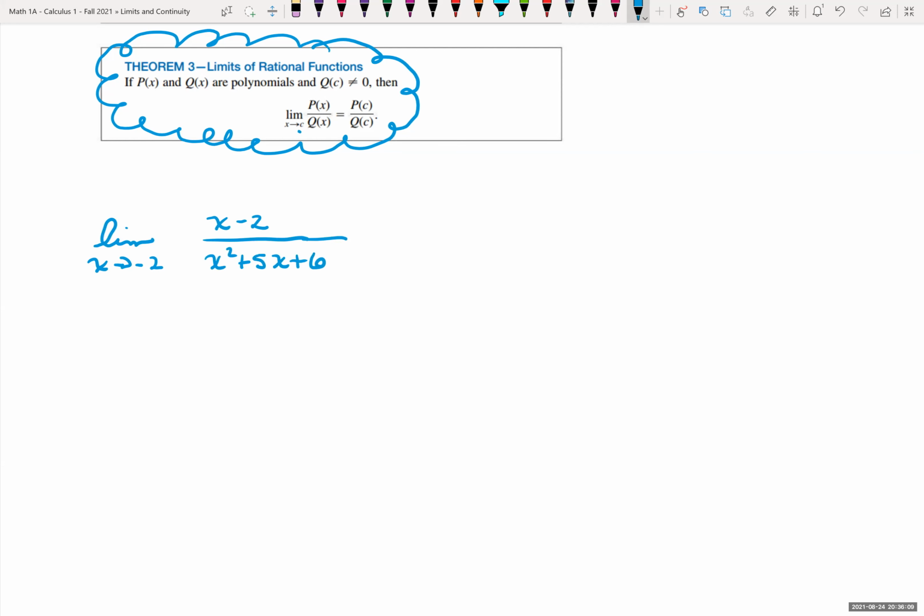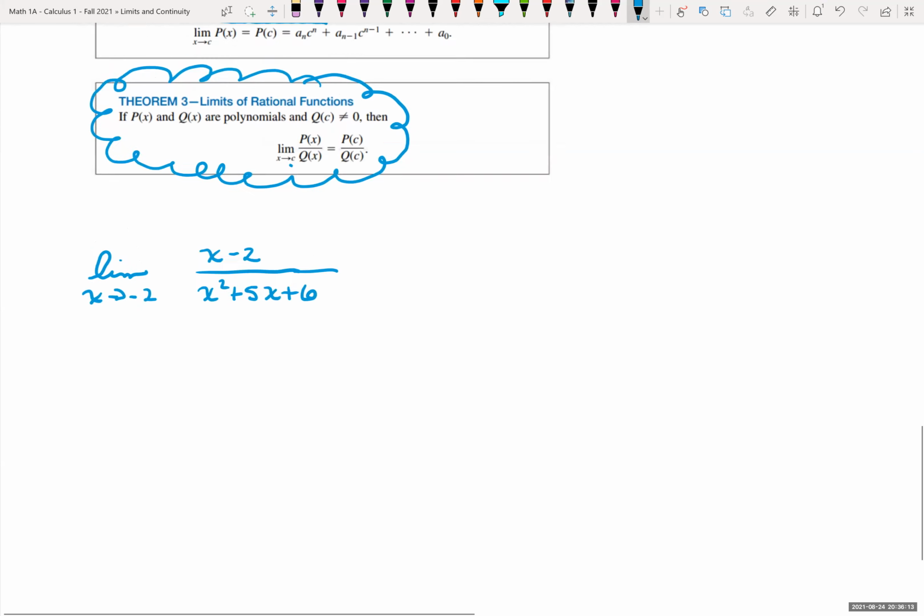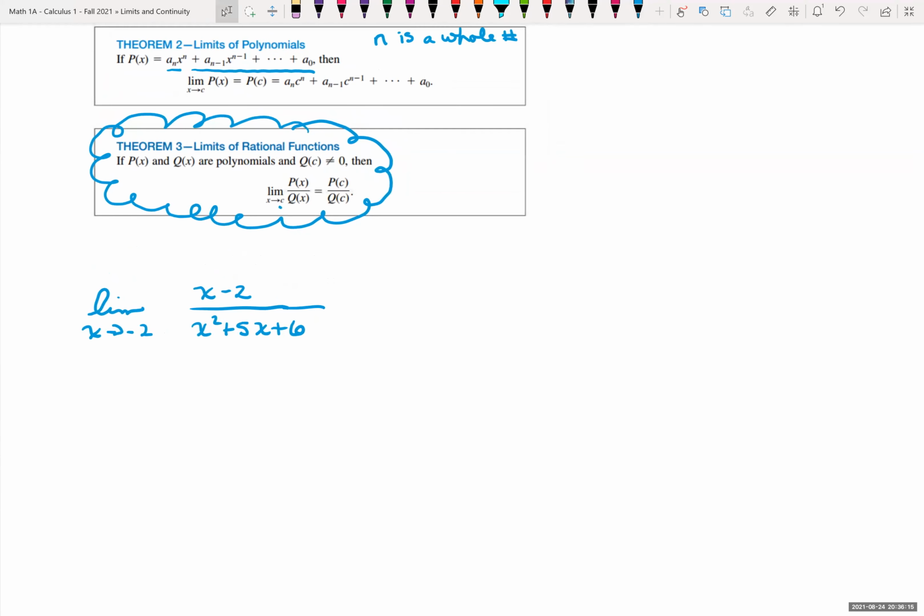By these limit laws, or theorems, our numerator x minus 2 is a polynomial. Our denominator x squared plus 5x plus 6 is also a polynomial. So I can use direct substitution in the numerator and denominator wherever I see the variable x. That's the first thing you want to do.